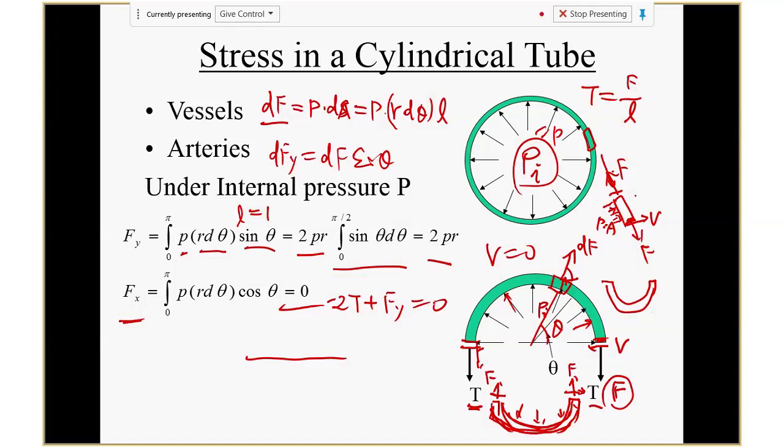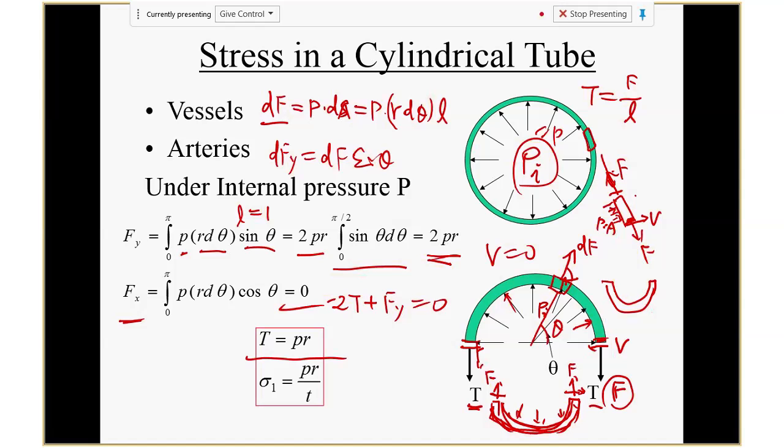That's your equation of equilibrium, for this half circle, for this half green circle. So negative 2T and then plus the Fy is supposed to be 0. So you have this equation. From here, 2T, because this one, Fy, we already know it's 2PR. So therefore, T is PR.